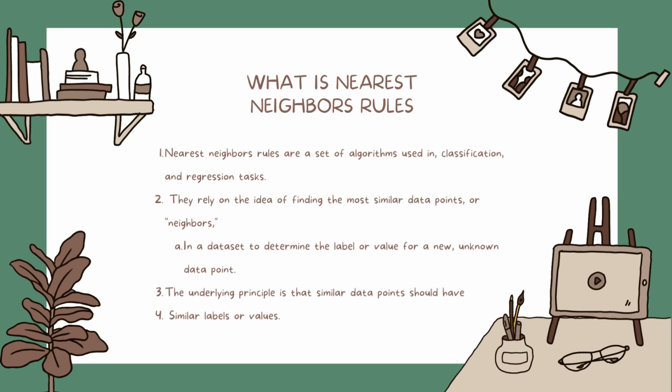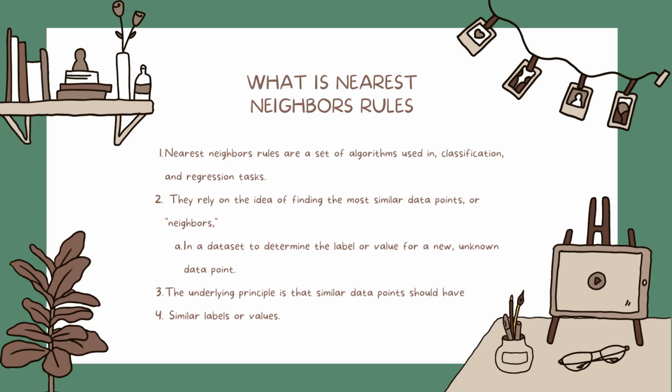NNR looks for the most similar data points in the dataset, also called neighbors. By examining these neighbors, we can determine the label or value for the new data point. It's a simple yet powerful concept that has proven to be effective in many applications.